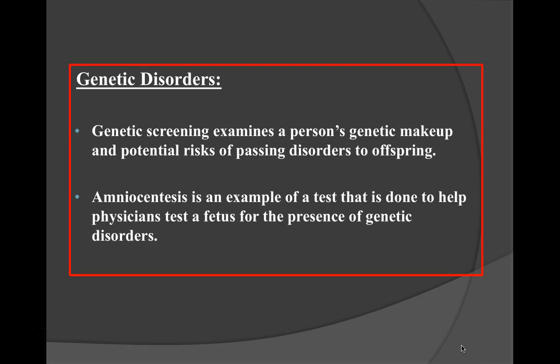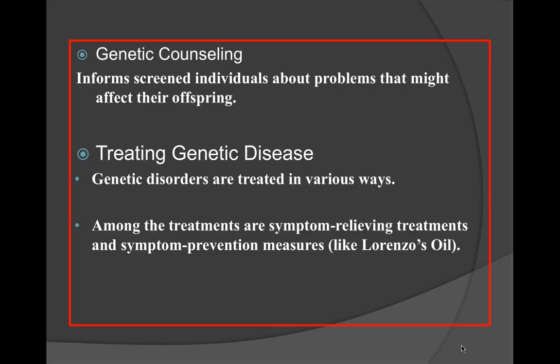Amniocentesis is one example of a test that can be done to help doctors test a fetus before it's born for any type of genetic disorder. Genetic counseling is offered for the parents of individuals that think they might have offspring with potential for any type of genetic disorder.